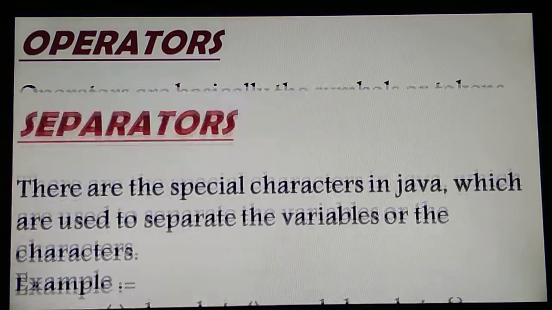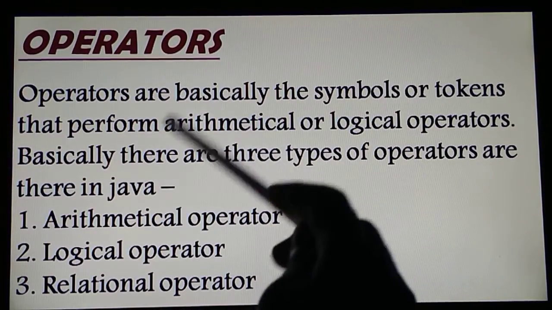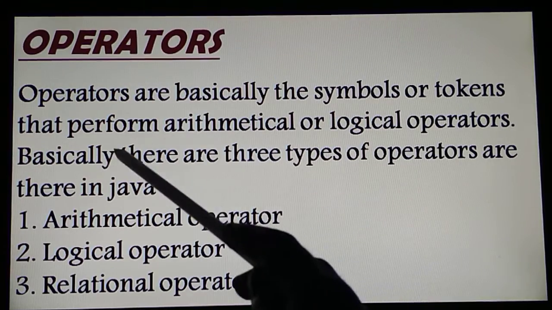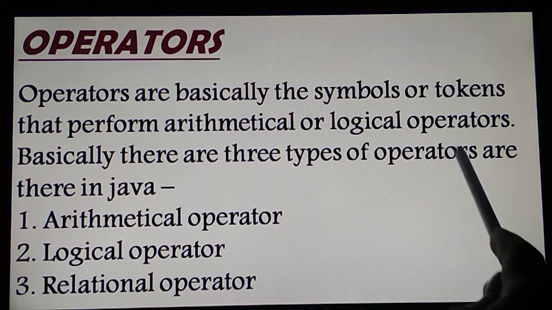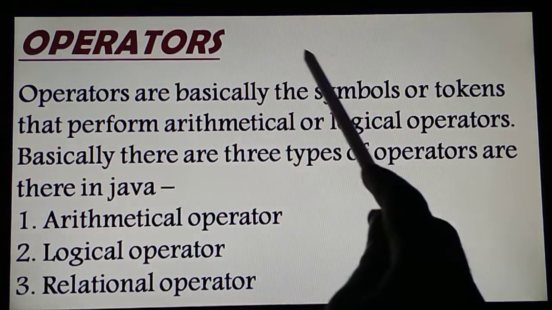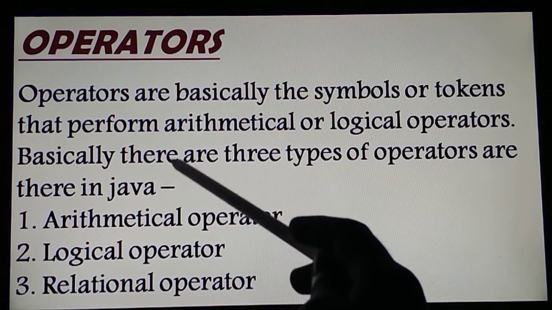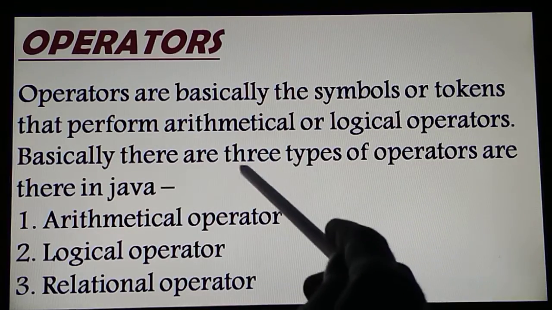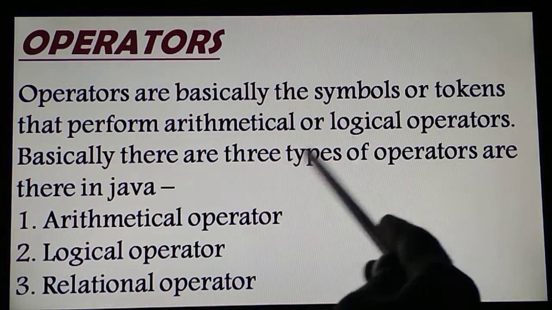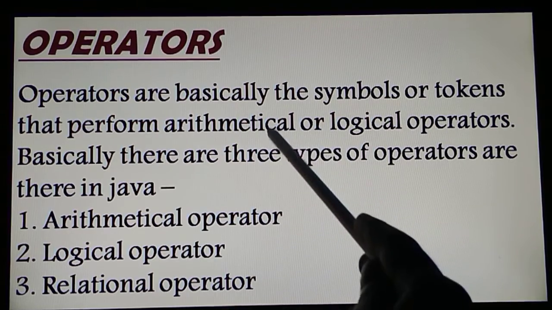Okay, then operators. Operators are basically the symbols or tokens that perform arithmetical or logical operations, like the arithmetic we do in mathematics, in the same way it is done here also.